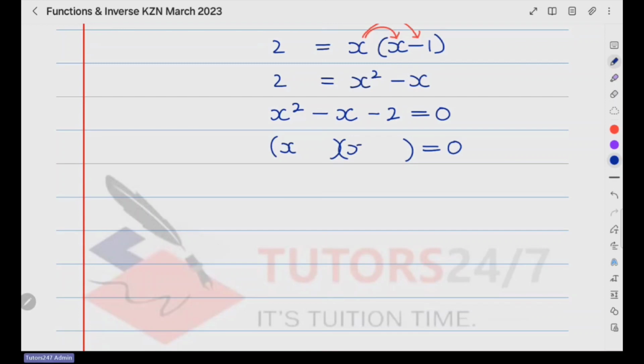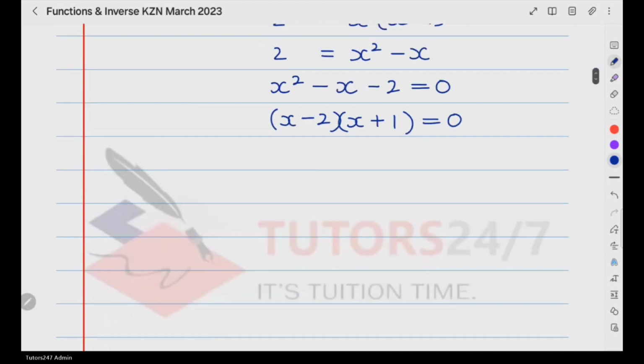The factors of negative 2, when added, that give us negative 1, are negative 2 and positive 1. From here, we can solve for x as x is equal to 2 or x is equal to negative 1.